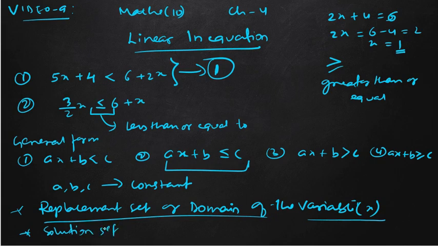This will be the set of all those values of x from the replacement set which satisfy the given inequality. So the values of x for which this inequality will be satisfied, that collection of values will be the solution set. Okay, so let us understand this with the help of an example.